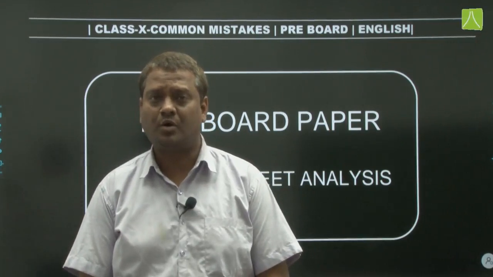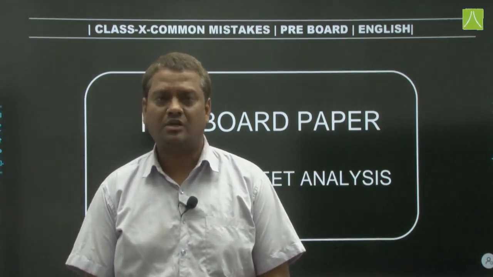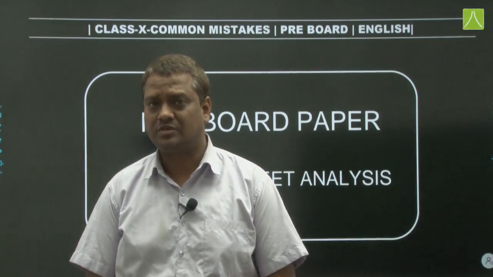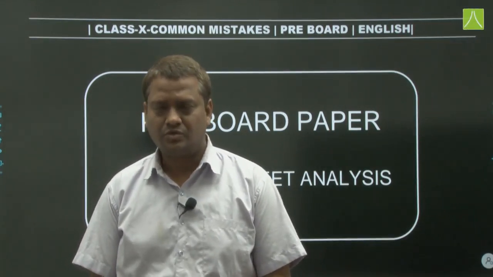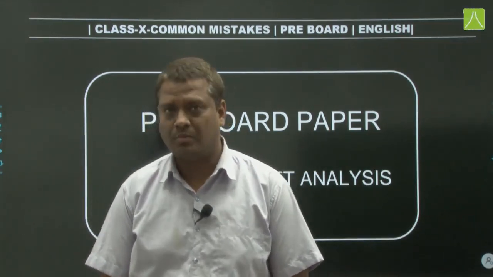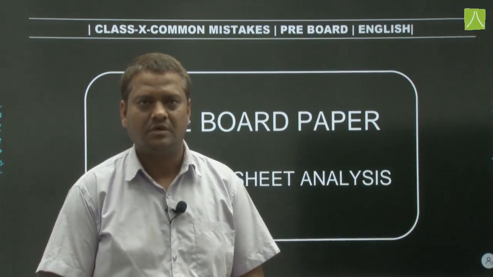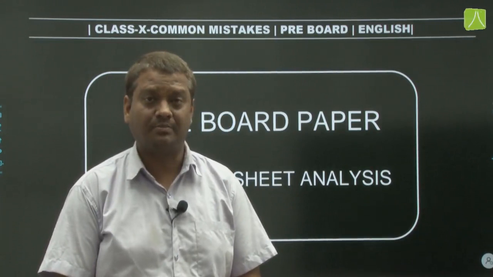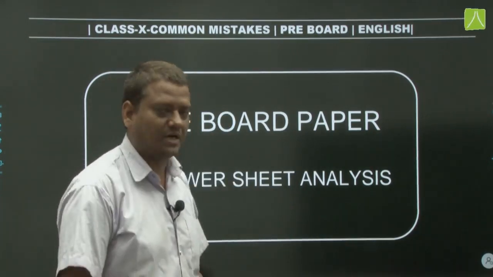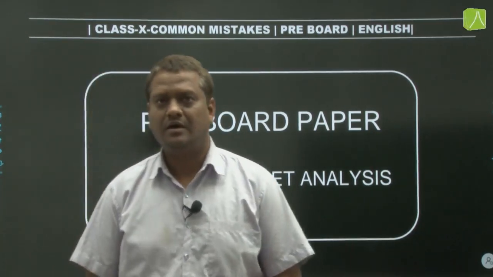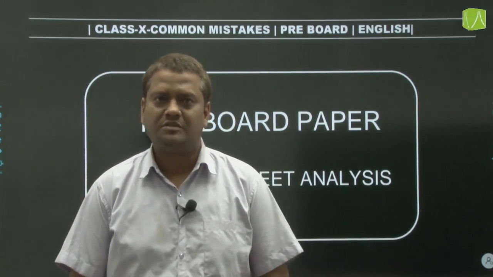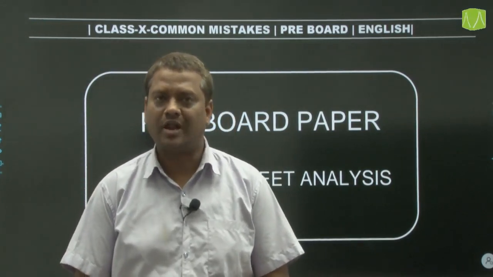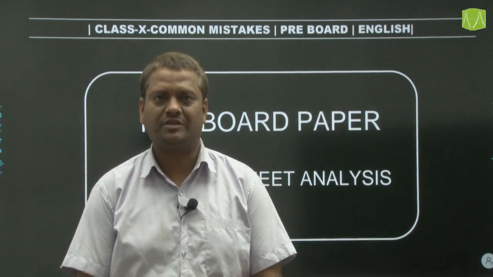Today we are going to talk about common errors in our answer sheets while we answer questions of our question paper. So let's talk about those errors of the English subject. As you know, our question paper is divided into three parts: Section A, reading comprehension; Section B, writing and grammar; Section C, literature.